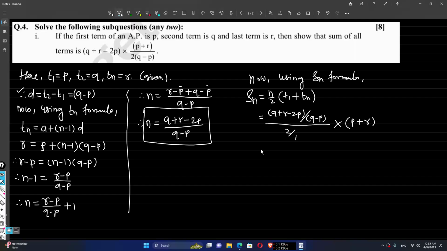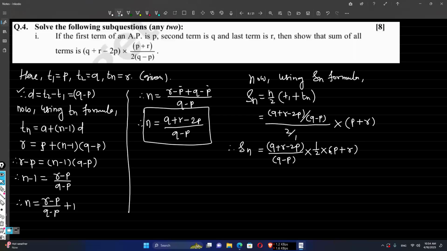Now let's simplify this. So Sn is equal to (Q plus R minus 2P) divided by (Q minus P), times the reciprocal of 2, which is 1 by 2, times (P plus R).